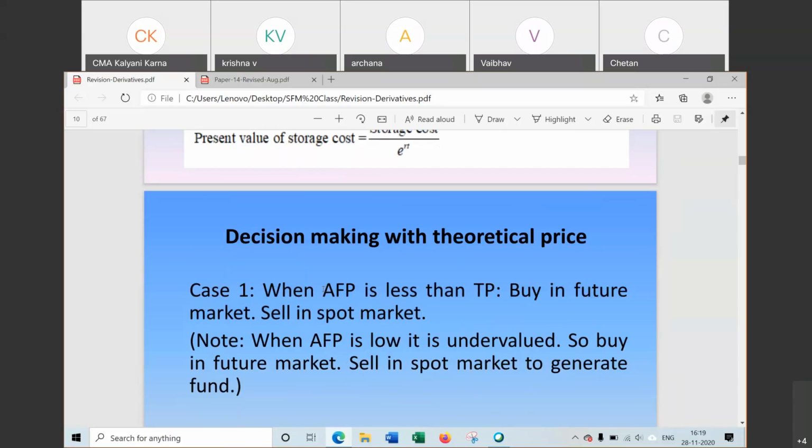Here also, when actual future price is less than theoretical price, we can buy in future market. It means when actual future price is low, the asset is undervalued, because the contract is available at a lower price. So better to buy in future market because the future value is lower.